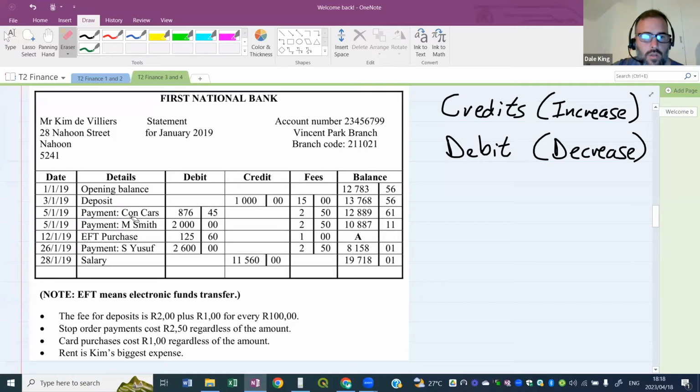It's in the debit column because money is coming out of your account. And in the fees column, these are the fees that you will pay. So you're not only paying the stop order of 876 Rand 45 cents, but you also have to pay the 2 Rand 50 for that transaction. That altogether will change your total.